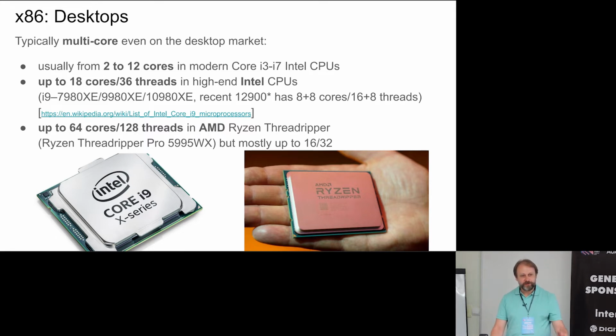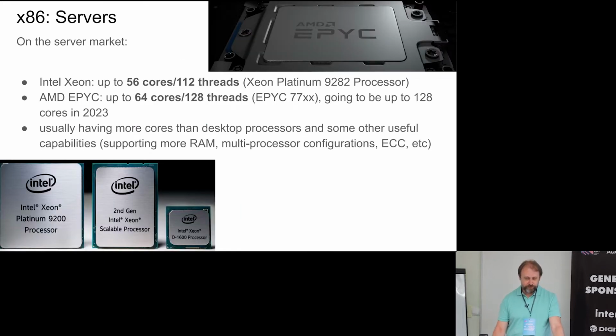But generally, that's the upper limit, and for x86 architecture, it's hard or impossible to find anything larger. For servers, you have a bit higher on average, but it's still limited by, for example, 64 cores and twice more threads, and that's it. And you have some other additional options.